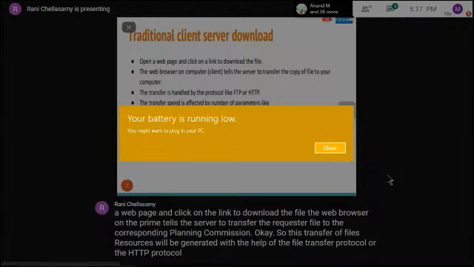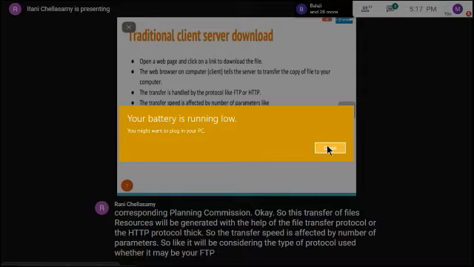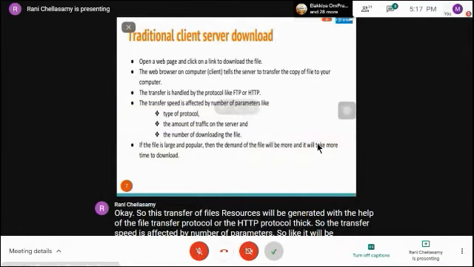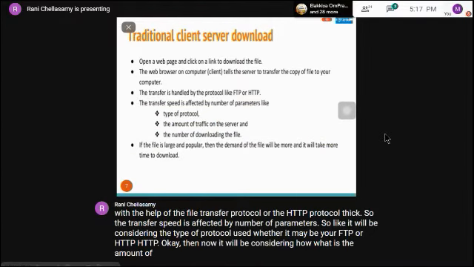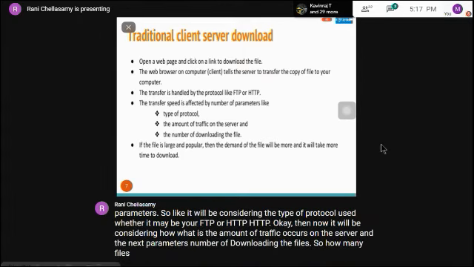The transfer speed is affected by a number of parameters: the type of protocol used, whether FTP or HTTP, the amount of traffic on the server, and the number of files being downloaded.